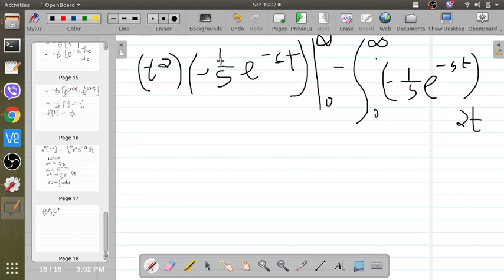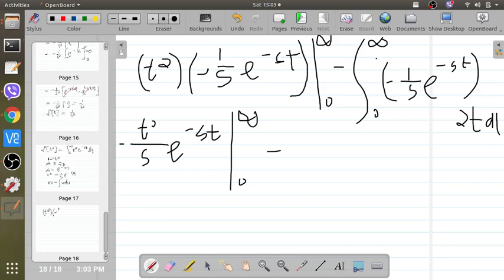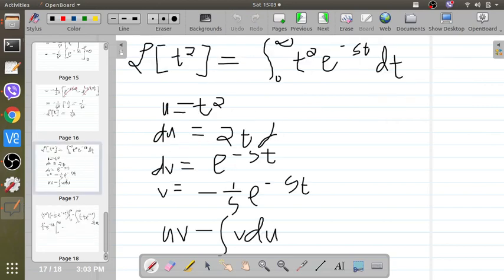So first, we need to solve this part. t squared times negative 1 over s e raised to the power of negative st. We can write this as t squared over negative s e raised to the power of negative st from 0 to infinity, minus, since this is 2t dt.